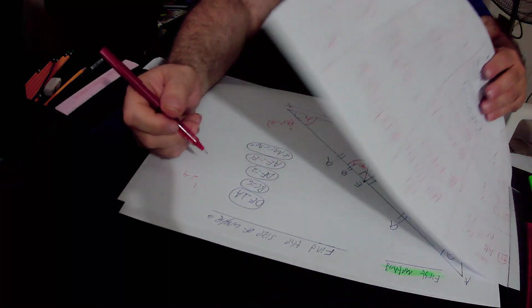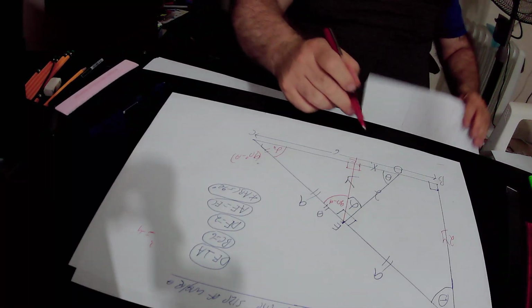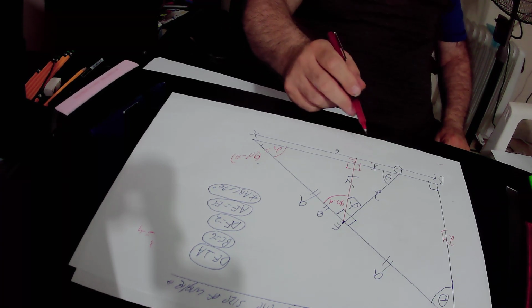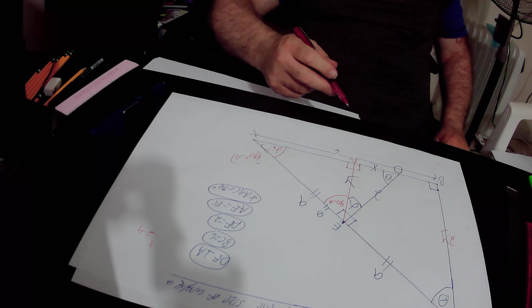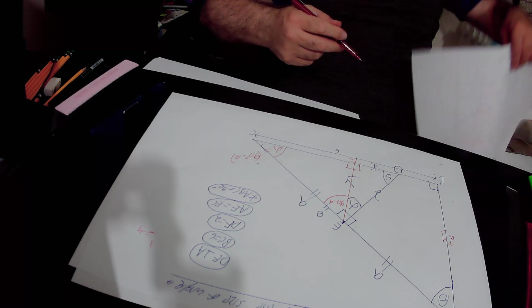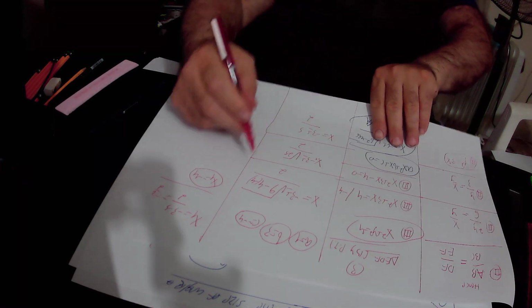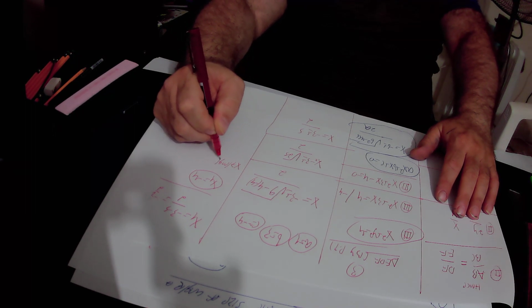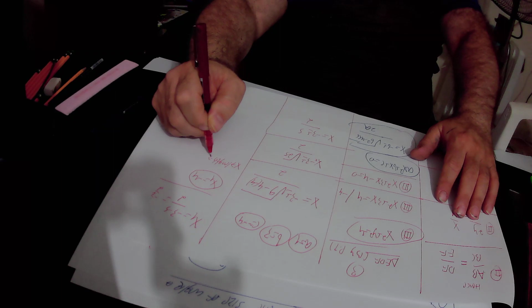But because x is the length of side DF of the right triangle DEF, it must be a positive number. So I write it down: x is the length, and therefore it must be a positive number.